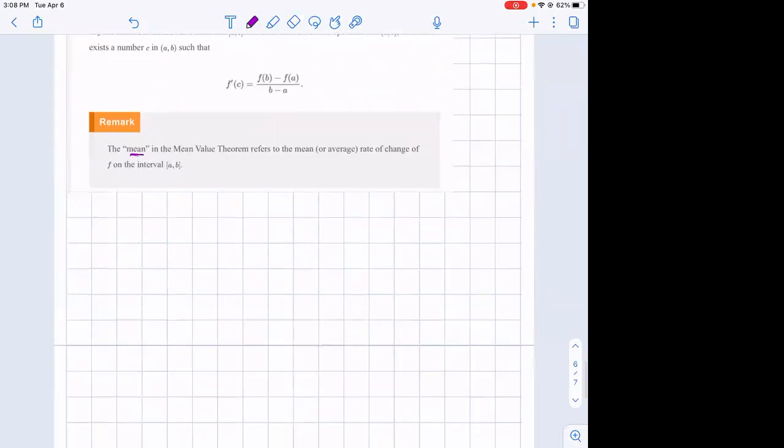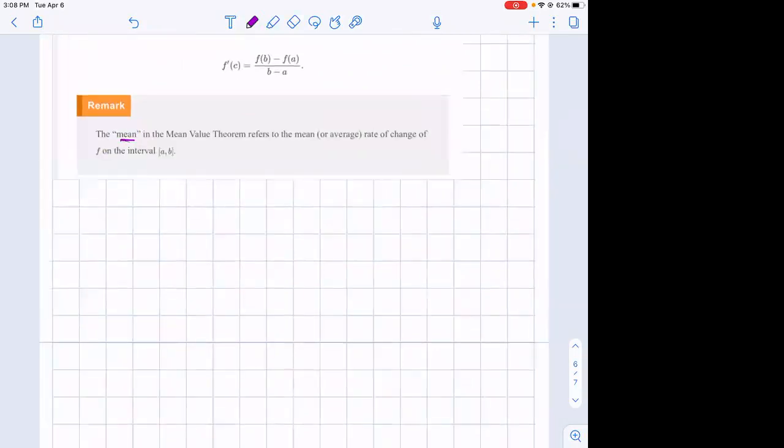So let's look at an example here and see how we use this one in this case. Example.